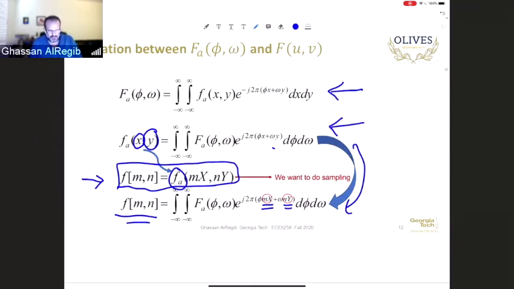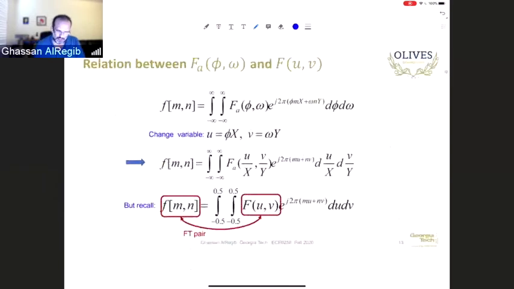So now I have this equation: on the left-hand side, I have our digital signal f of m and n, and on the right-hand side, I have an expression that involves the Fourier transform of our analog signal. And then there are these sampling lattice numbers, capital X and capital Y, that are predefined or are scalar values in this case.